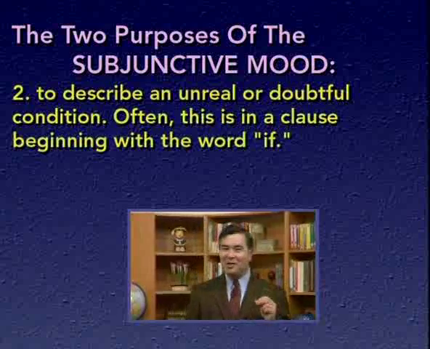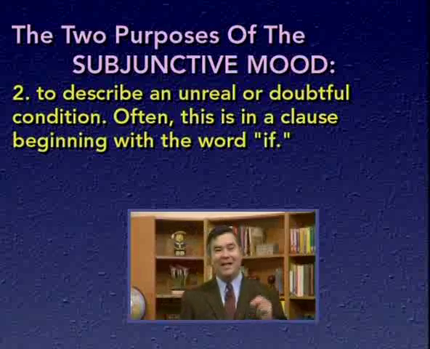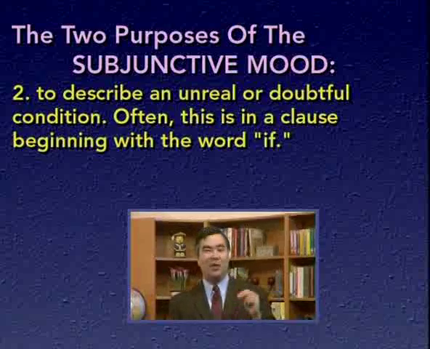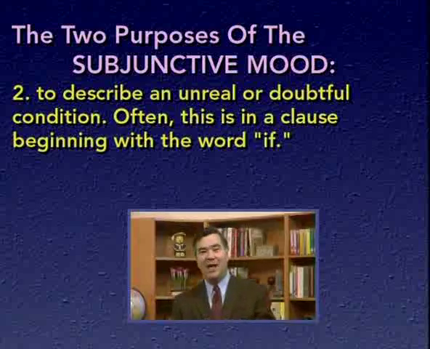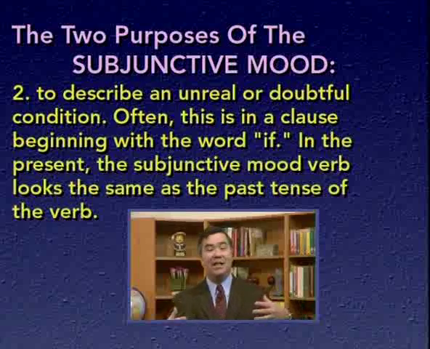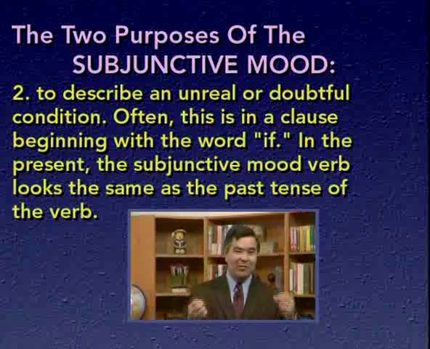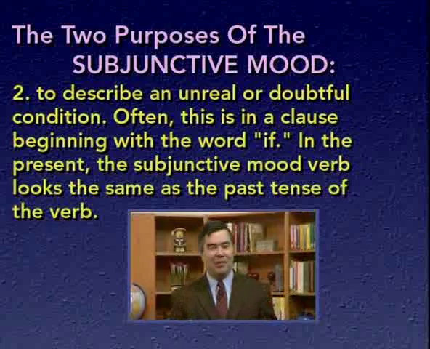Now, there are 2 possible ways to form the subjunctive mood of the verb when we're describing an unreal or doubtful condition. Here are the 2 ways. First, if we're talking about something happening now, in the present, then the subjunctive mood verb looks the same as the past tense of the verb.